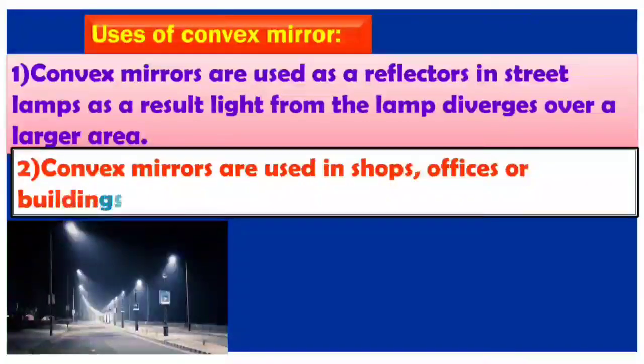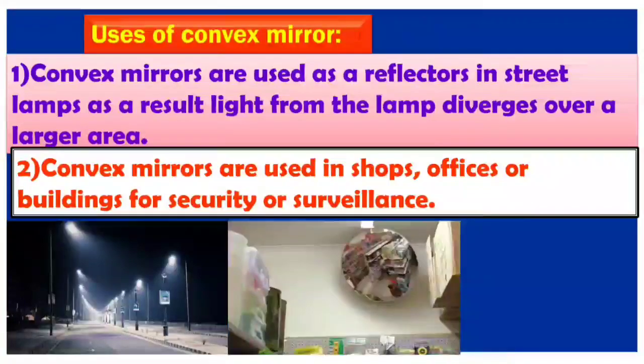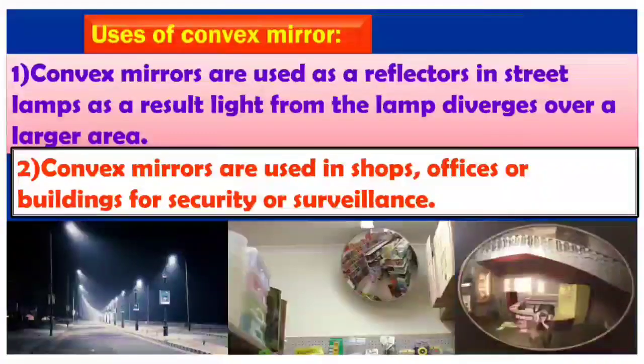Second one, convex mirrors are used in shops, offices or buildings for security or surveillance. Here we can see convex mirrors used in shops. Here convex mirrors are used in buildings or offices.